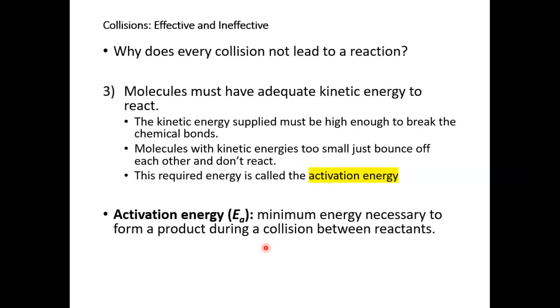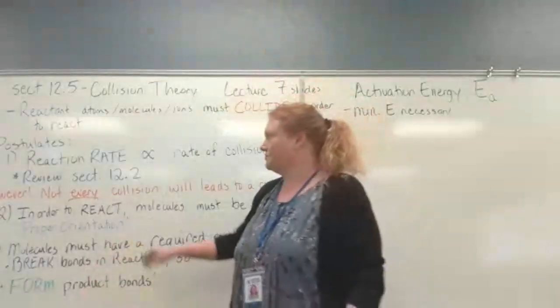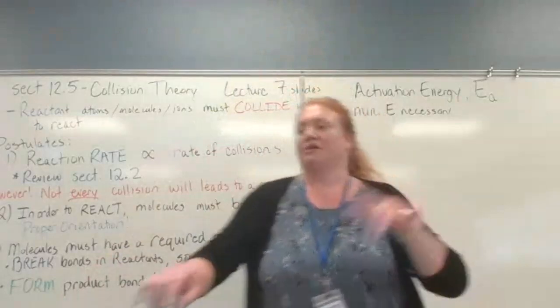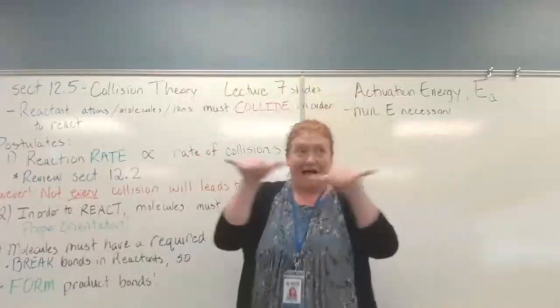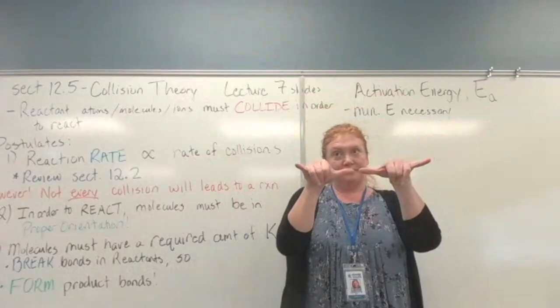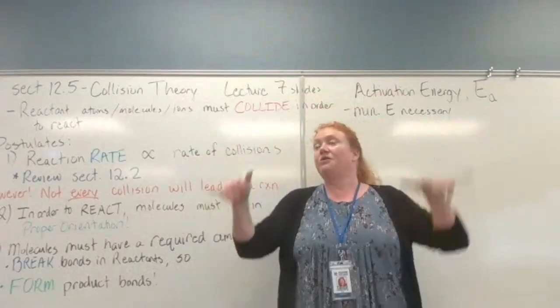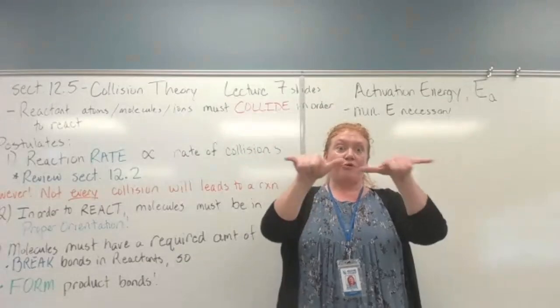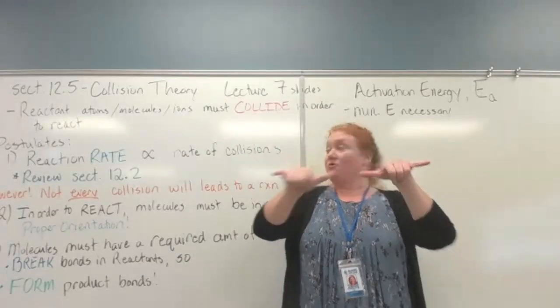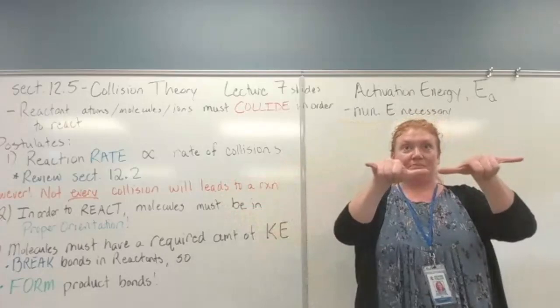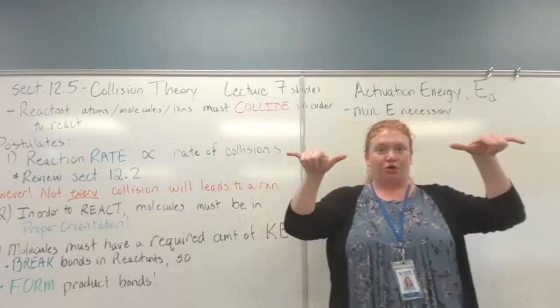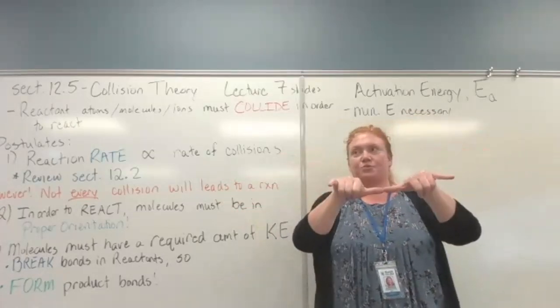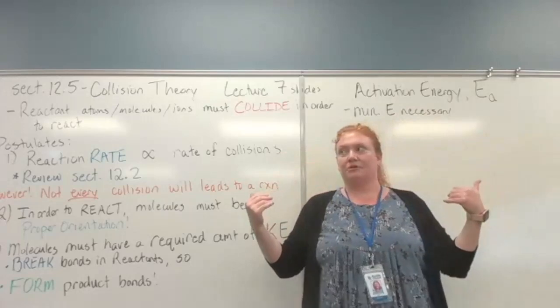So what are we saying for a reaction to happen? What has to be true? First of all, everything's got to collide in the right orientation. Second of all, when that collision happens, they both have to have the right amount of energy in them. If they are in correct orientation, but not enough energy, guess what? No reaction.